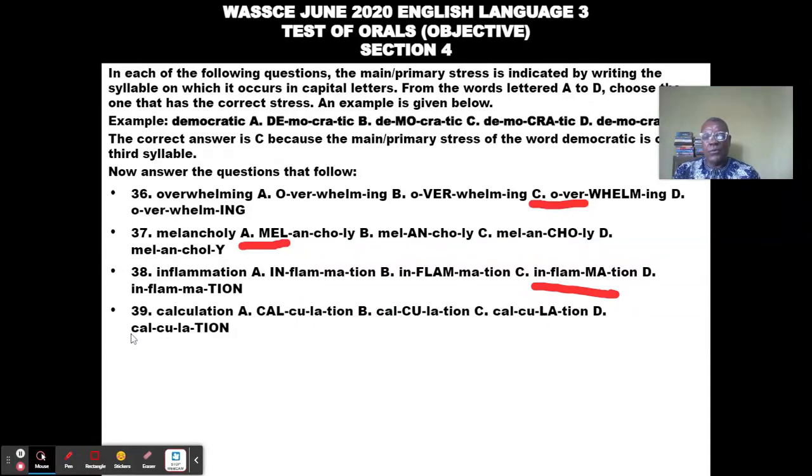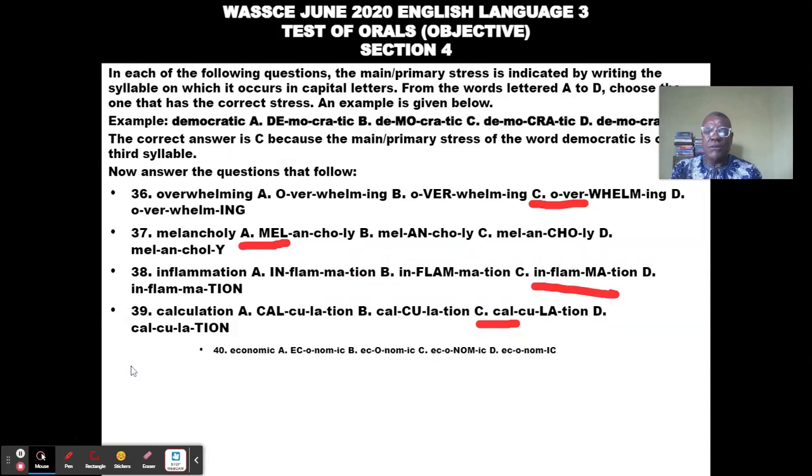39, we have calculation. Now, the same rule applies because it ends in ION. Stress is on the second syllable before the last one, okay? Second to the last syllable, and that is C, calculation.